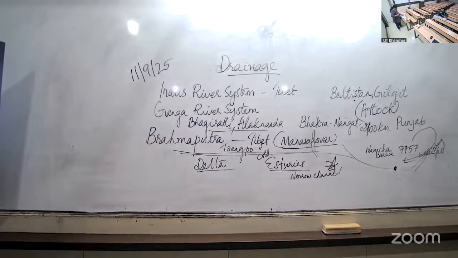And which are the tributaries? Tungabhadra, Koyna, Ghataprabha, Musi, and Bhima are the tributaries. Okay, which states are covered? Maharashtra, Karnataka, and Andhra Pradesh. Got it?